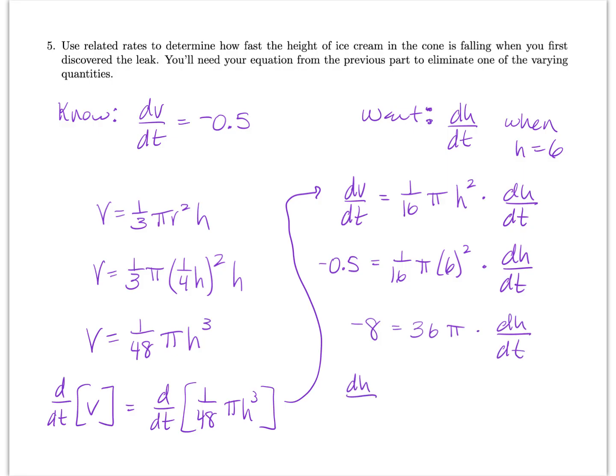So dh/dt is -8 over 36 pi, and I can reduce that to -2 over 9 pi. And my units should be h units over t units. So h was height, that's measured in centimeters. Time was measured in minutes. So this is centimeters per minute.